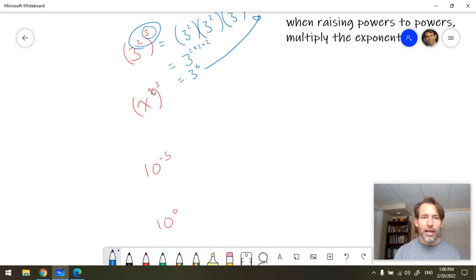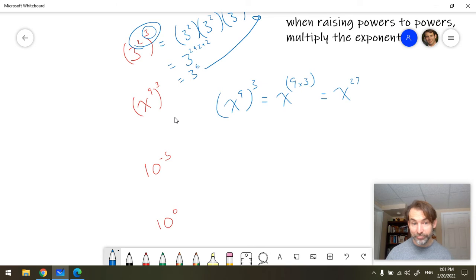Now, x to the 9 to the 3 is x to the 27, folks. Why? How do I know? x to the 9 to the 3 equals x to the 9 times 3. Put that in brackets so it's clear that's the power, or the exponent, I'm sorry. And then that's x to the 27, because 9 times 3 is 27.